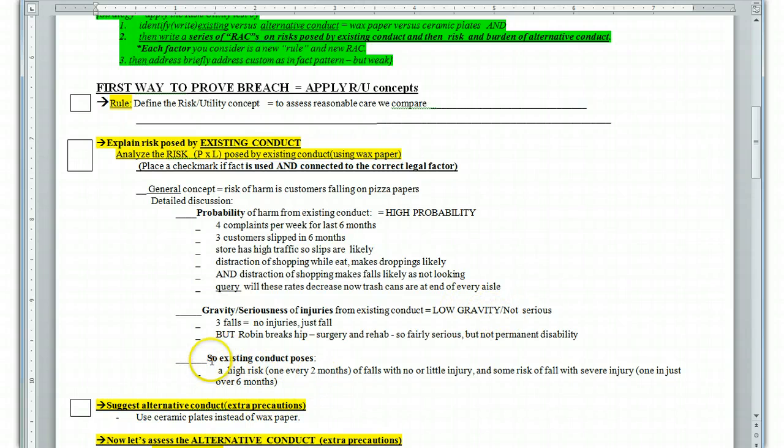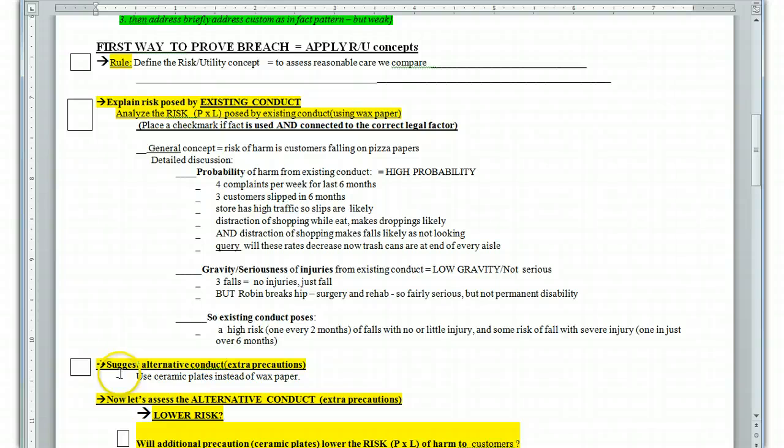This would lead you to reach a conclusion about what the risk is, what the P times L, probability and gravity of harm is, from the existing conduct. At this point, we suggest the alternative conduct, which is in the fact pattern, the use of ceramic plates.